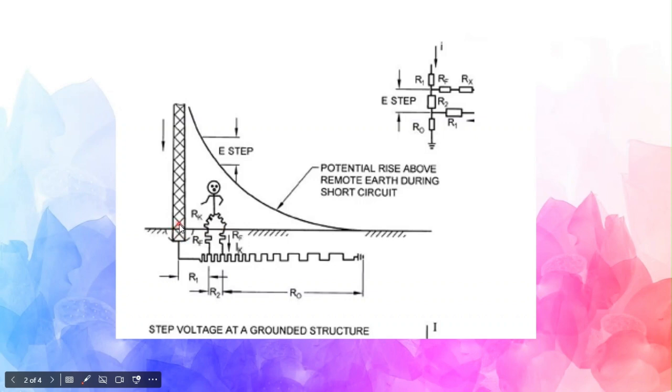Now let us understand the path of the current. The path of the current will be something like this. This path the current is flowing, and this is how it is to be grounded. When we say grounding, it is like a gradient of current flowing everywhere, in every direction from that point. In this case the amount of current is very high.